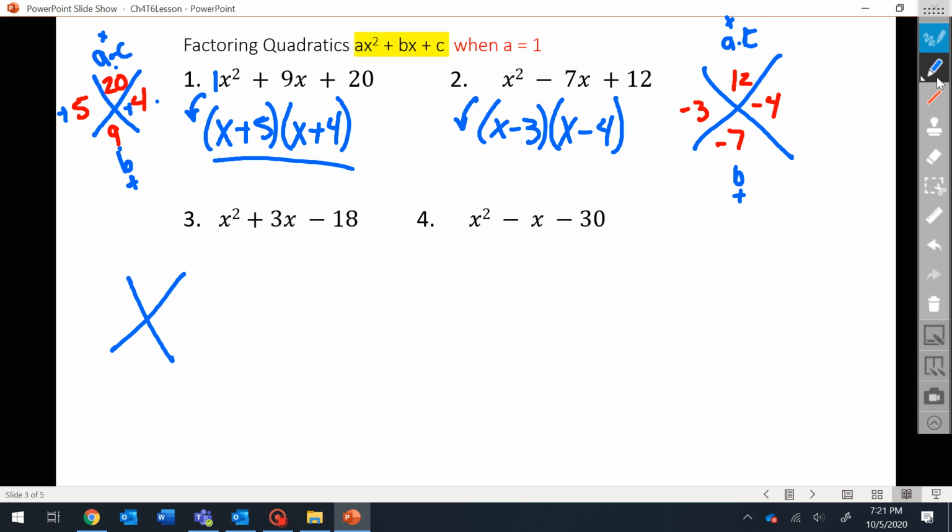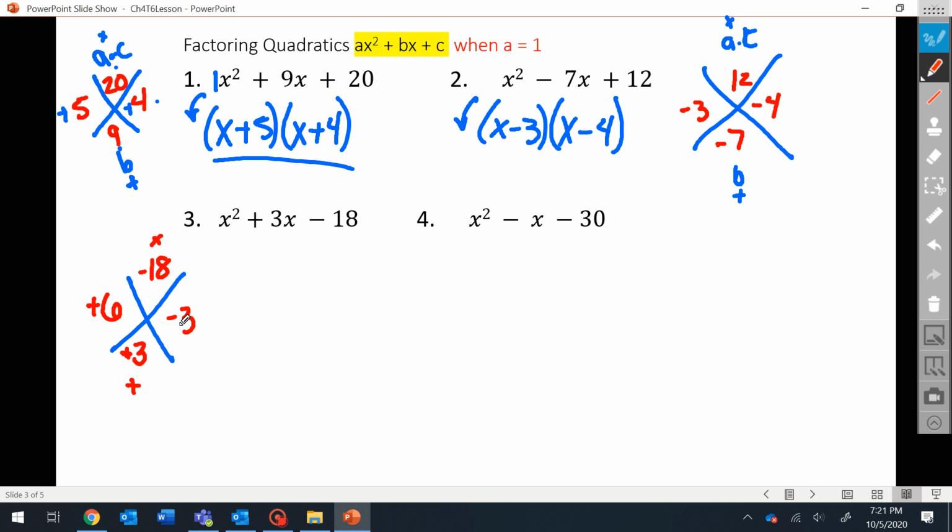Number 3, a times c, so in the top that's negative 18, and in the bottom positive 3. We're looking for numbers that multiply to negative 18 and add to positive 3. That's positive 6 and negative 3.